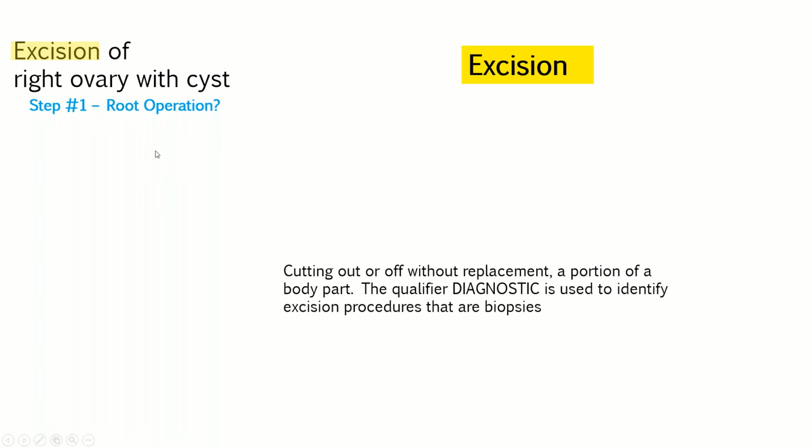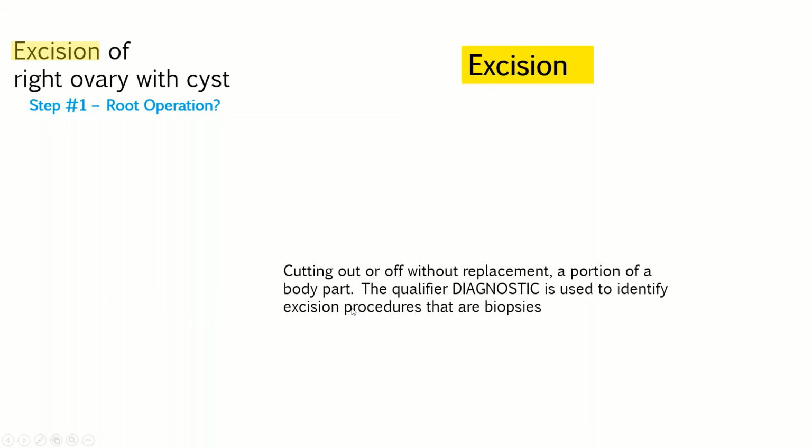But let's go ahead and look up excision. We're going to go to the index and look up excision. So just so you know, it's right here. Cutting out or off without replacement a portion of a body part.